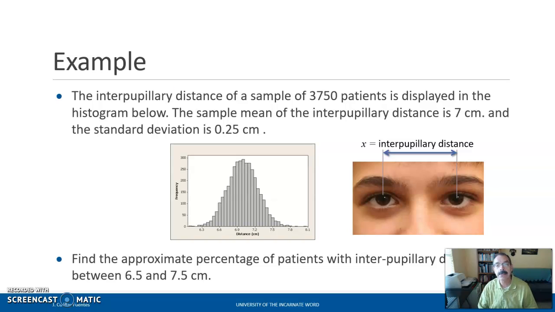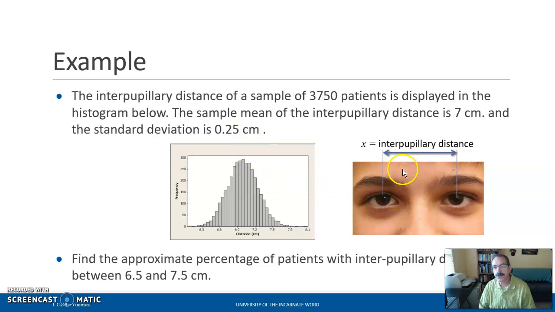So in this case, the interpupillary distance of 3,750 patients is displayed in this histogram. And you can see that this histogram is more or less symmetric, and it seems to have this bell shape. Also from this data, we find that the average distance is 7 centimeters, and the standard deviation is 0.25 centimeters.